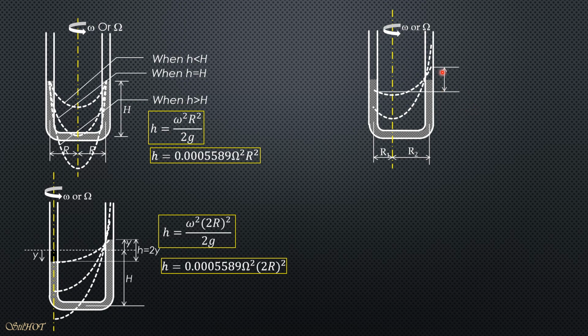In general, this distance is omega square over 2g, quantity r2 square minus r1 square. Why? Because from the vortex to that highest point, it is omega square over 2g r2 square, because the radius is r2. And from the vortex to this lower end, it is omega square over 2g times r1 square. Therefore, the vertical distance between these ends is simply omega square over 2g quantity r2 square minus r1 square.